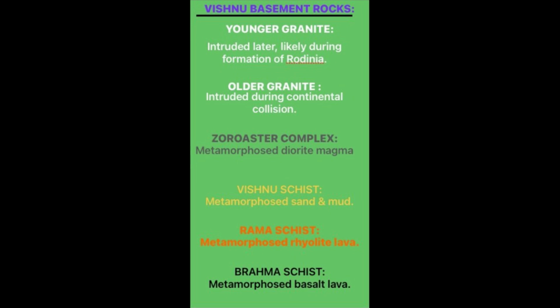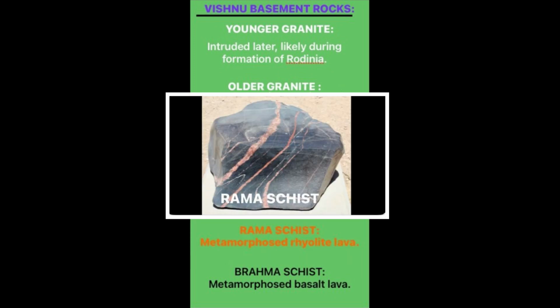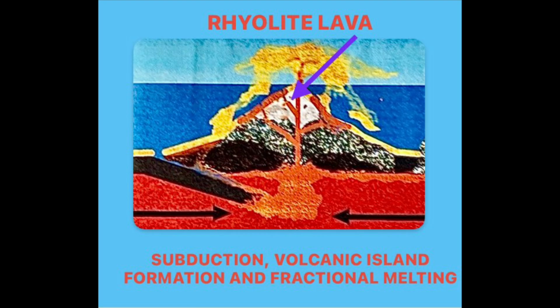The Brahma schist is most likely basalt lava, which was part of ocean crust that was pushed up onto the continent as the island arc crashed, then later metamorphosed into schist. Next we have the Rama schist, which is metamorphosed rhyolite lava produced probably as the volcanic island chain began to form and fractional melting happened.